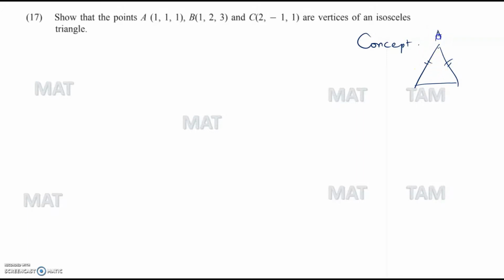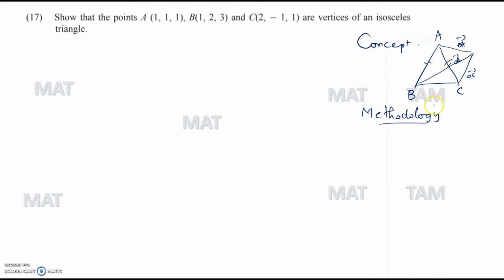So we are given the points A, B and C. So the methodology that we would follow is, because what we are given is the points, we can find the position vectors OA vector, OB vector, and OC vector.